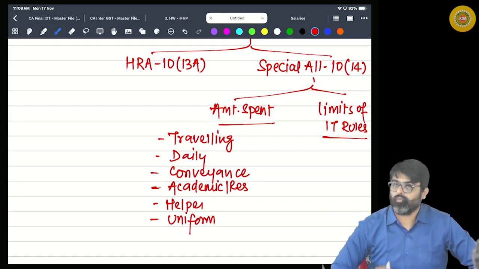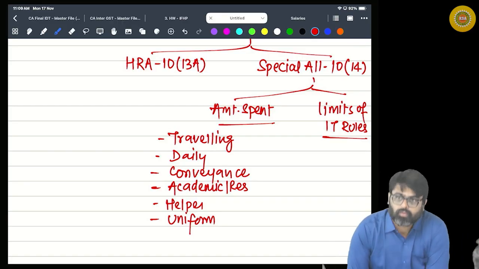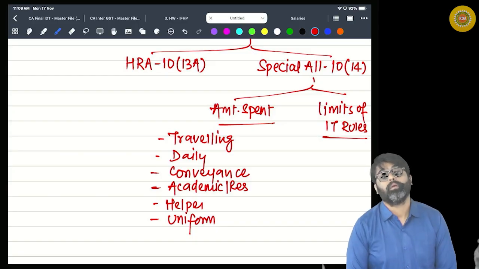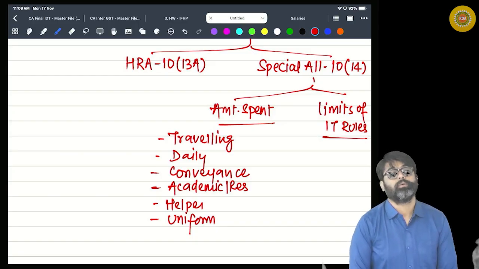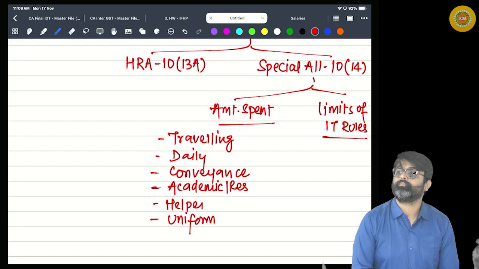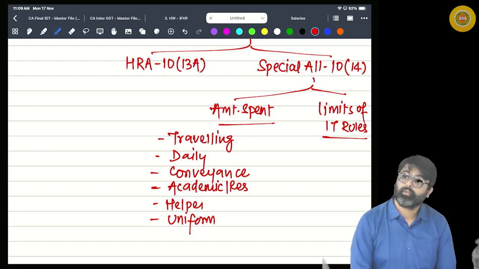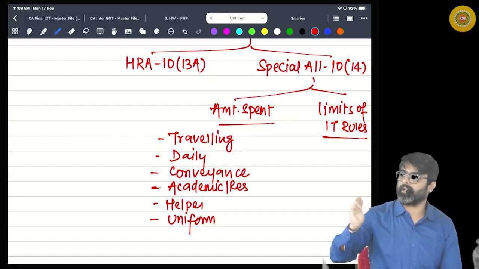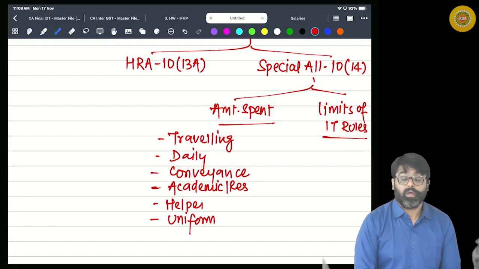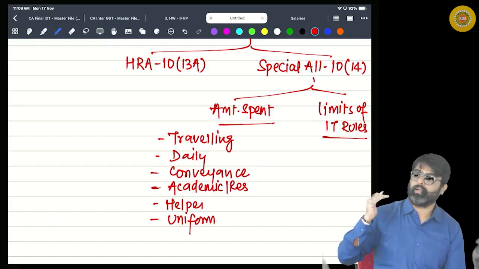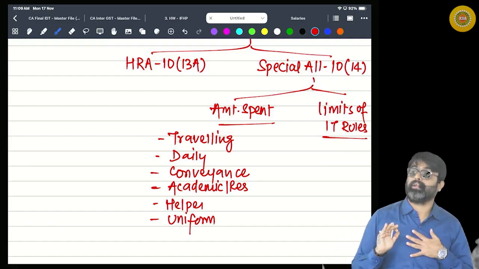Understanding? Now 5000 rupees per month is given for helper. If 5000 is entirely spent, 5000 will be exempt. Nothing will be taxable. Out of 5000, if 3800 is spent, 3800 will be exempt and the remaining 1200 will be taxable. What if the helper allowance you were getting was 5000 but you spent 5500?